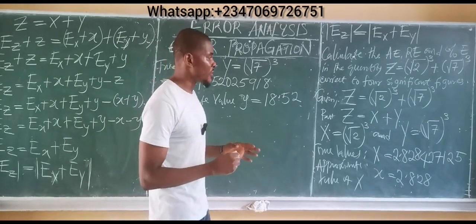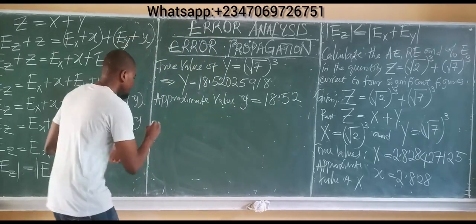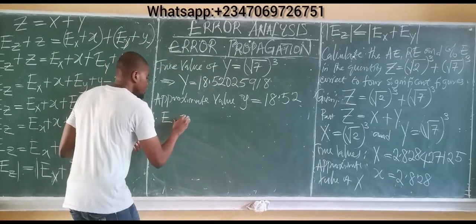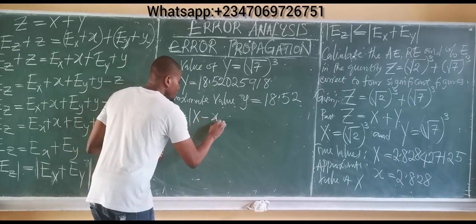So we know the approximate value of x, we know the approximate value of y. Now we can find the error in x. Therefore, error in x, called as EX, is going to be the modulus of the true value of x minus the approximate value of x.